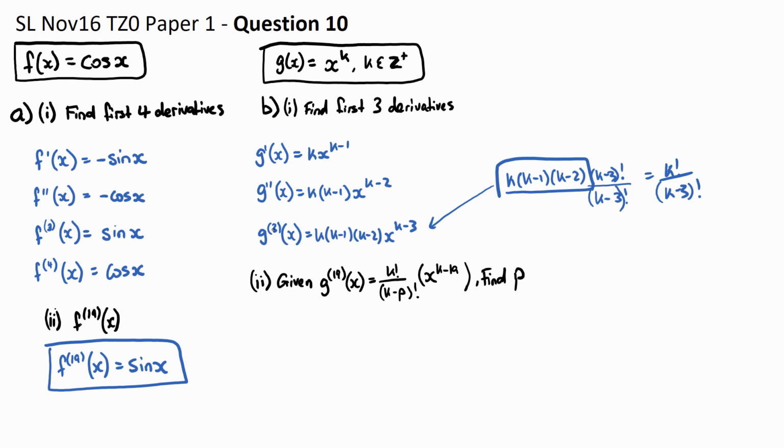So this was the third derivative, and notice that our value here was 3. We're actually going to get a very similar thing here. If we had k factorial over k minus 19 factorial, and then x to the power of k minus 19, this will actually be our 19th derivative.